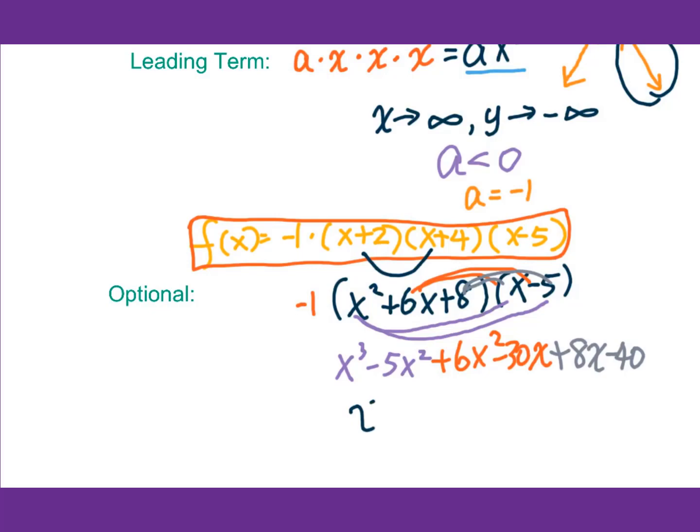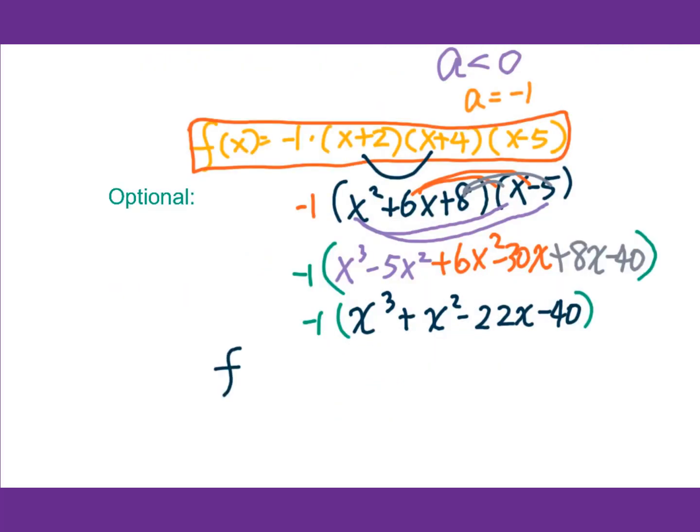You will get x to the third power plus x squared minus 22x minus 40. Then you multiply by this -1. You will get f of x equals -x to the third power minus x squared plus 22x plus 40.